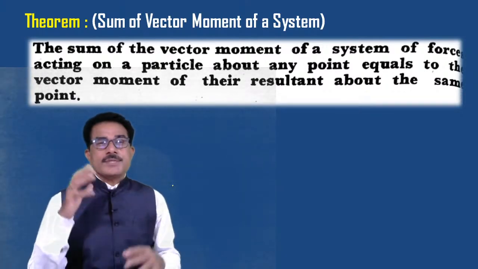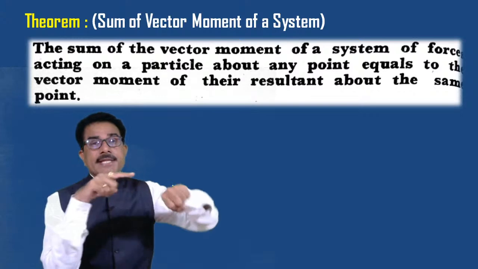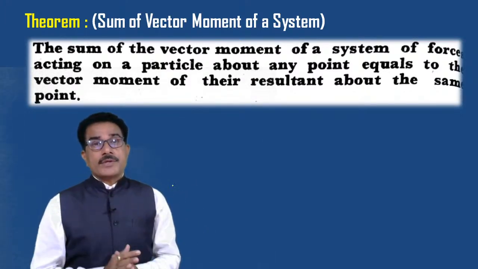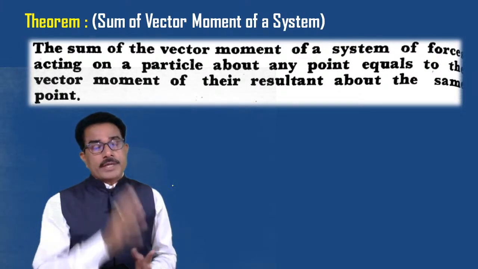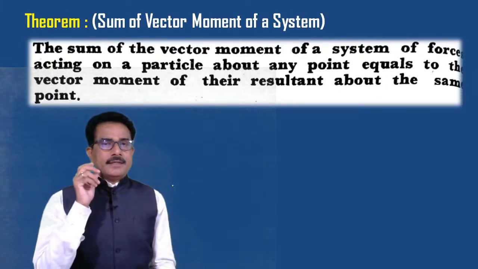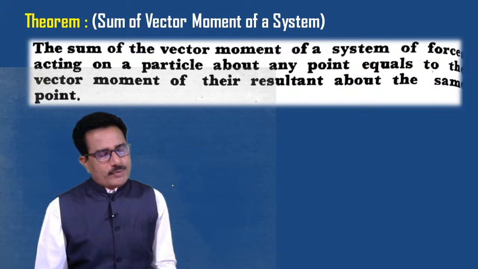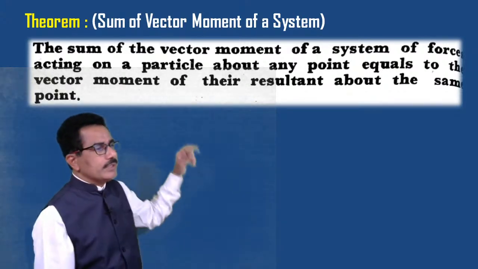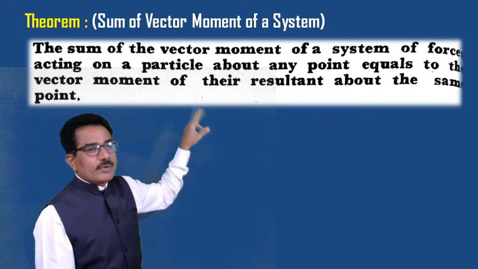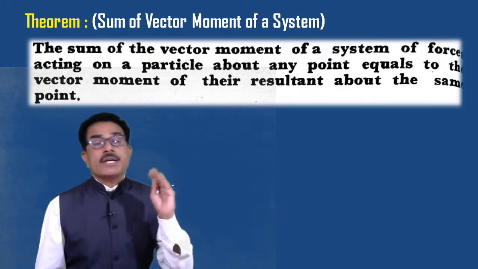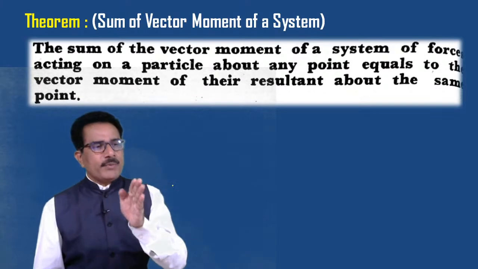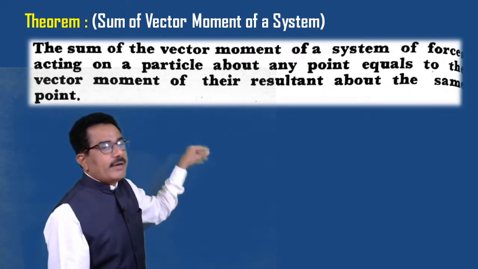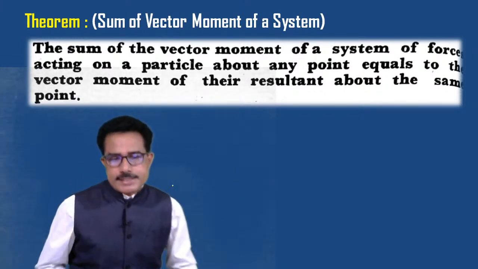System of forces means if n number of forces are acting on a rigid body, due to these n forces we have to calculate the resultant vector moment, and this we have to prove. The sum of the vector moments of a system of forces acting on a particle about any point is equal to the vector moment of their resultant about the same point.